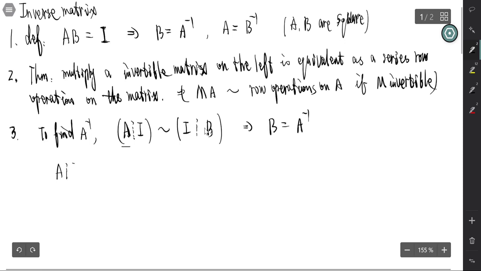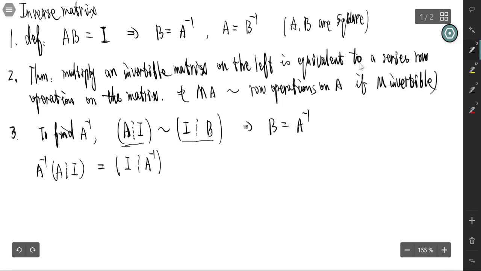Because if we multiply this matrix A I by the inverse of A, then the first matrix becomes the identity and the second becomes the inverse of A. Multiplying by an invertible matrix on the left is equivalent to a series of row operations. So if this matrix can be row reduced to here, then B is the inverse of A. If we want to find the inverse, we always use this trick.